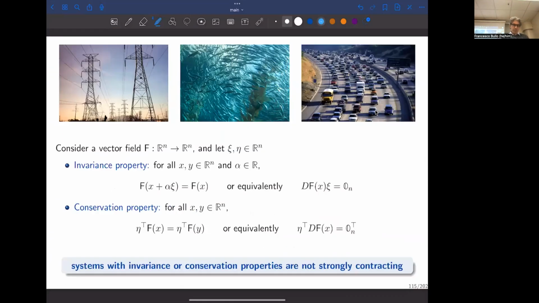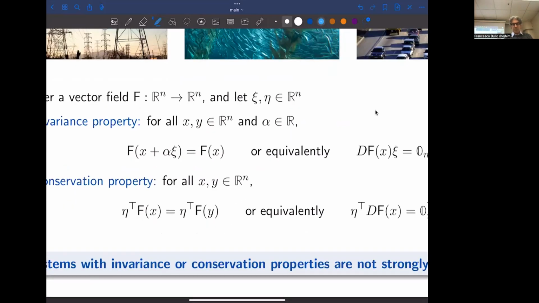All right, so what happens in power grids, flocking problems, and traffic models is that you have a vector field that has either an invariance or a conservation property. I'm going to write generalized versions of this property. What might invariance mean?